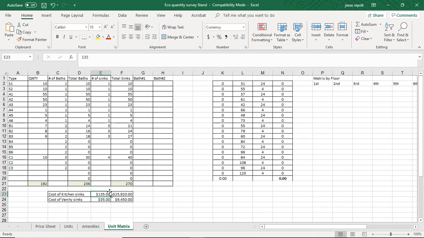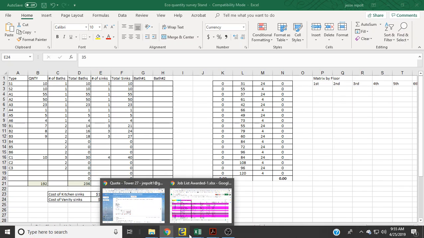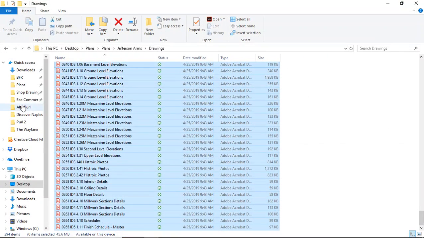I have it at $135 per sink and $35 per sink. So that's all you have to do in that portion, and then you can just transfer that over onto the proposal. Let me just open that up real quick.